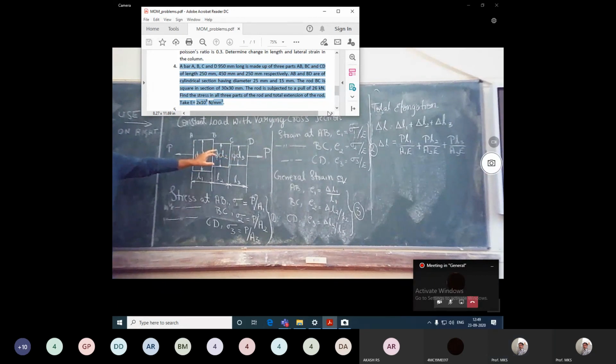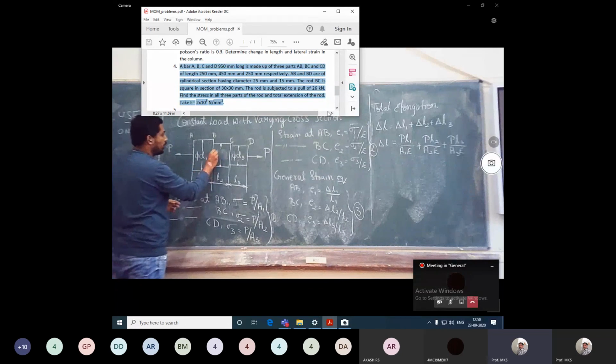Then the diameter of AB is 25 mm, D1 is 25 mm, D3 is 15 mm. The rod BC in between is not circular; instead it is square in section, with cross section 30 by 30 square.